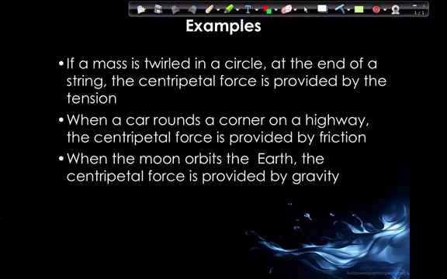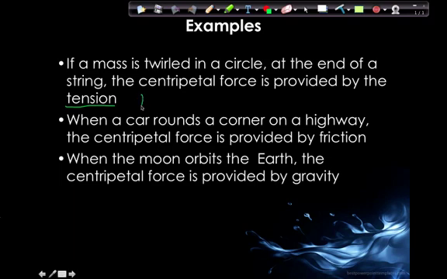If I have a mass and I twirl it around in a circle at the end of a string, the centripetal force is going to be provided by the tension in the string or the rope. That is what causes your centripetal force.